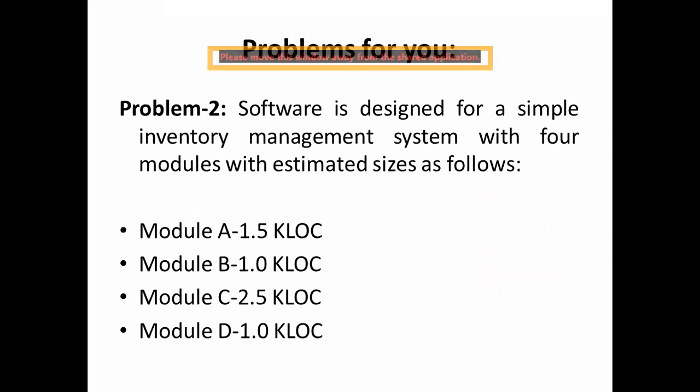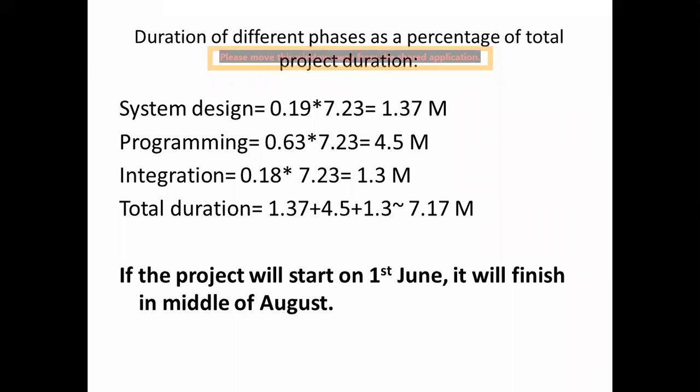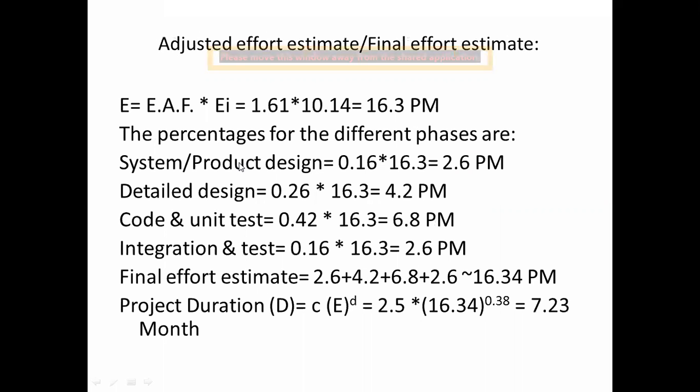Similarly, in case of programming, we are getting 11, and this is 4.5. Now, from where are we getting 11? You can add these values, detailed design and code and unit test.